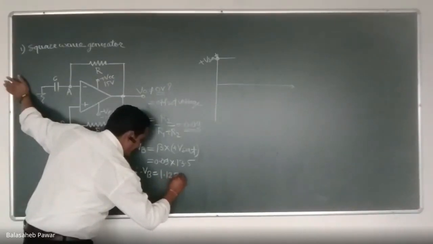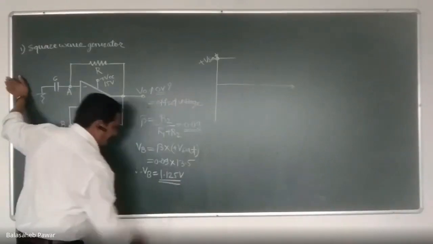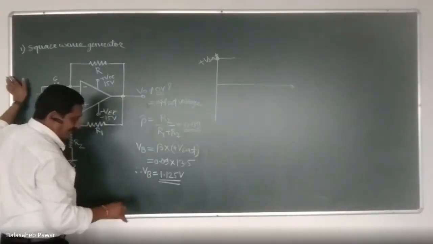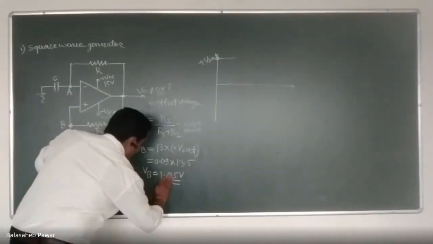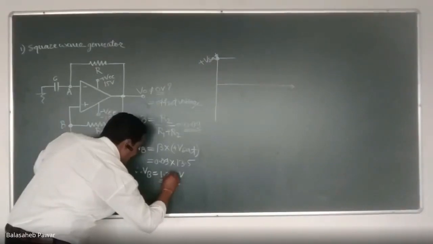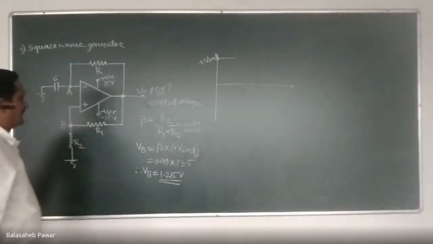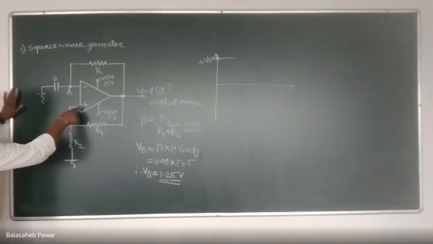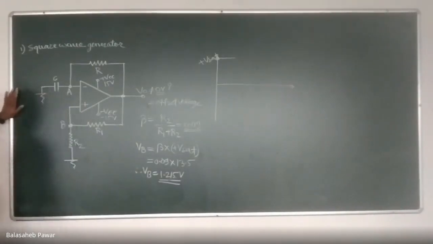Is it correct? 1.215 volts. Okay, 1.215. So that node voltage will remain at 1.215 volts. This is my VB. Where are we applying it? We are applying it to the non-inverting terminal of that op-amp.